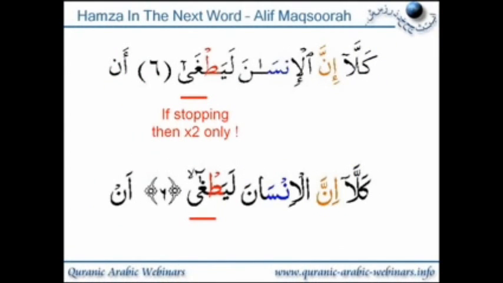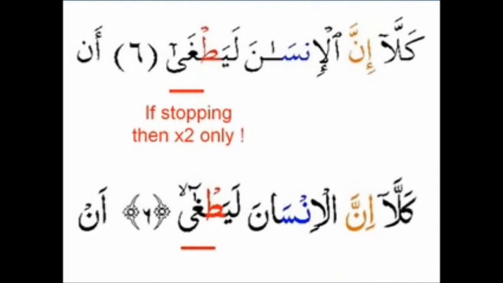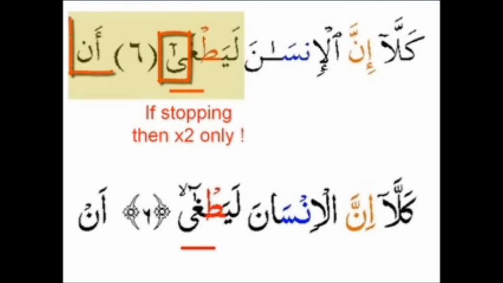Now, with the alif maksura, you've got to be a bit careful when you're stopping on a word which ends in alif maksura. So here we have a word which is la yatgha. Now normally the gha would be too long, and you can see that with the small dagger alif, and they've put a madda on it because in the next sentence which follows, the first word begins with hamza.